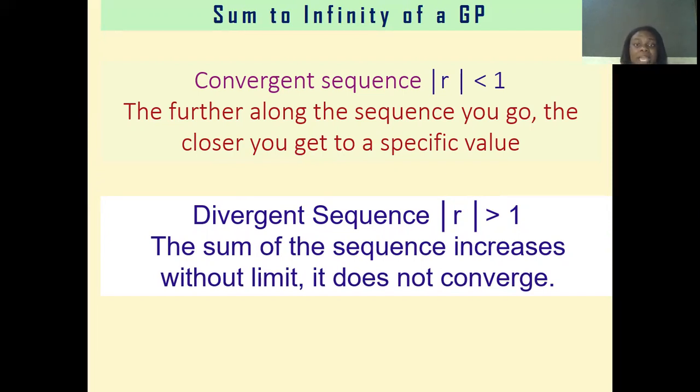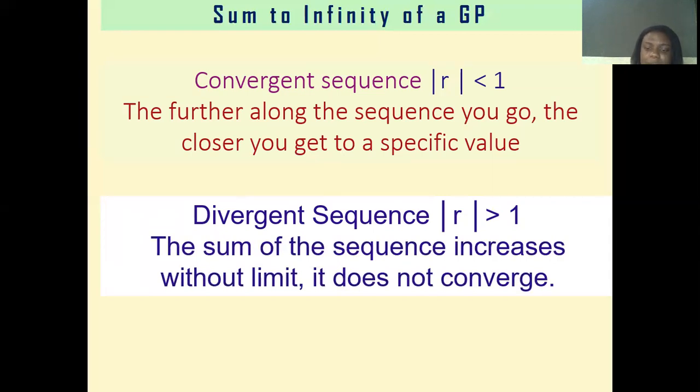For a convergent sequence, you can find the sum to infinity. For a divergent sequence, that is not the case. So you might be asked, is this sequence convergent or divergent? You should be able to track the common ratio and observe from it if it's a convergent or divergent sequence.